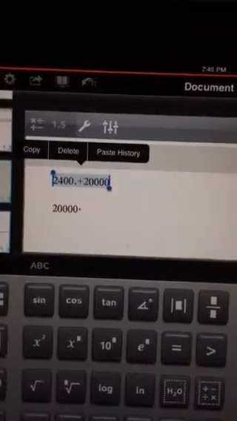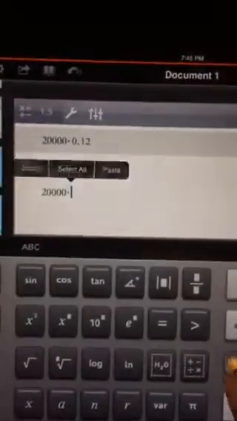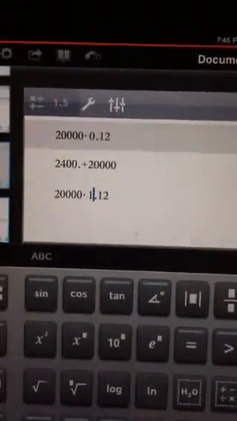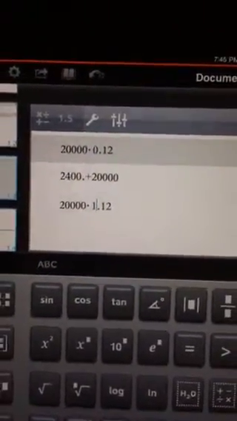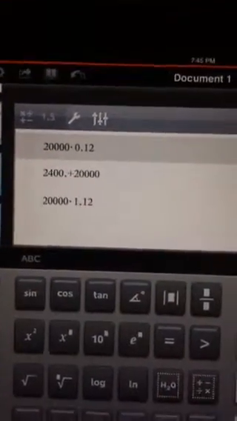We can actually take $20,000 and multiply it not just by 0.12, but 1.12. The 1 here takes into account the original amount, and the 0.12 is the interest that you're adding on.